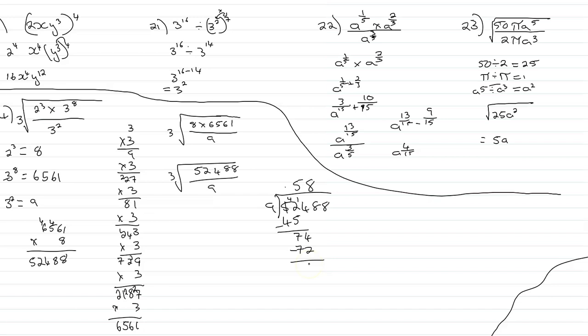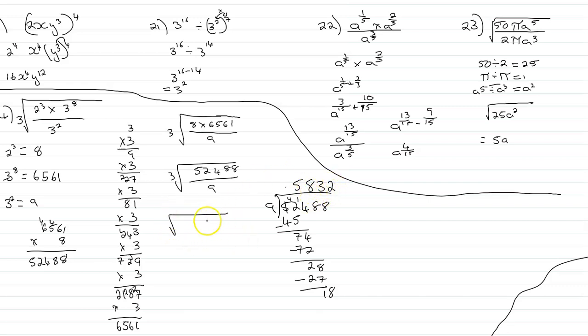We subtract and are left with 2, then bring down the 8. That would be 28, 3 times 9 gives us 27. Subtract, we're left with 18, and then we're left with 2. So 5832.